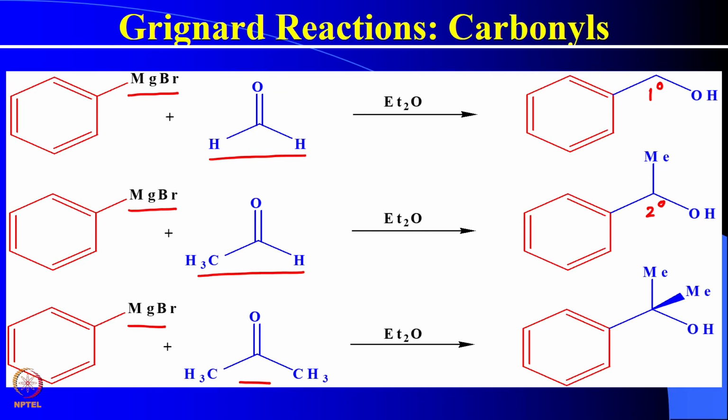Phenyl magnesium bromide, when treated with a ketone, generates a 3 degree alcohol. So depending on the substrate with which the same Grignard reagent is treated, you generate different alcohols of different degree.